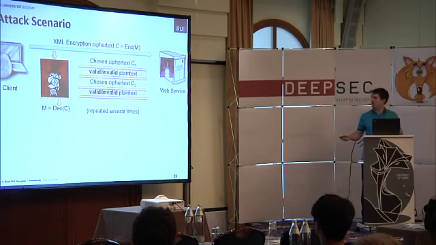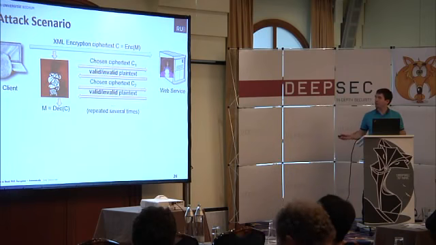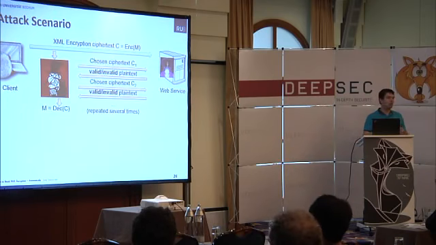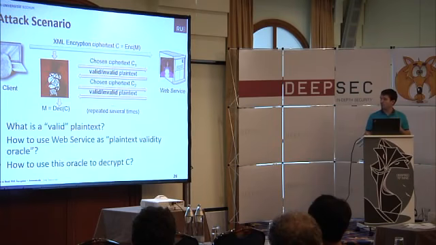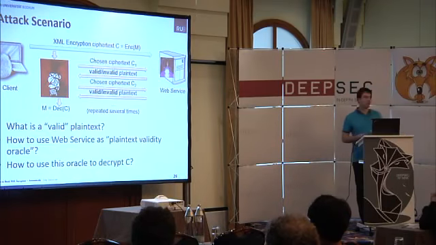We have an XML encryption ciphertext, and the attacker sends several ciphertexts to the web service, modifies them, and at the end he can decrypt them. So maybe you ask now several questions. In the next few slides, I will show you what is a valid ciphertext and why we can use a web service as a ciphertext validity oracle, and how to use it to decrypt a ciphertext.